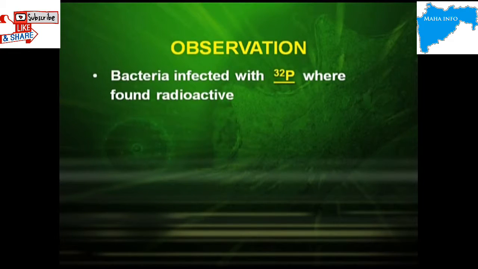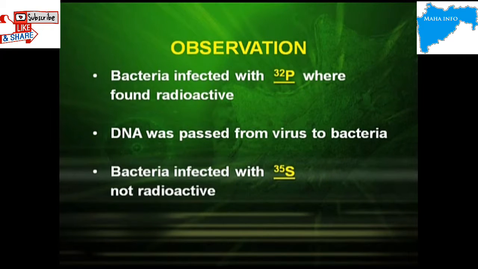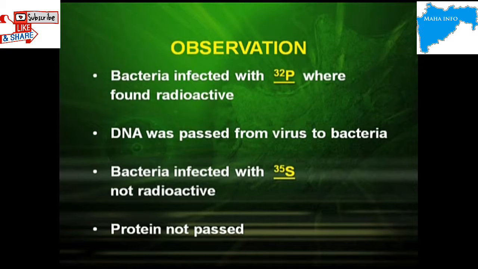Now since the supernatant contains the protein and the pellet contains the phosphorus, what is the clear indication? Now let us see the observation of the experiment. The bacteria infected with P32 were found radioactive. So the DNA was passed from virus to bacteria, and the bacteria infected with S35 were not radioactive. So that clearly shows that protein is not passed.